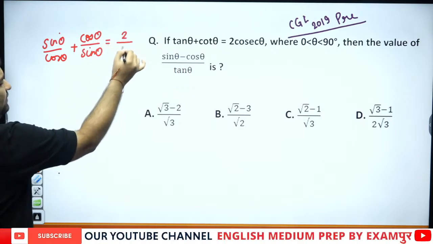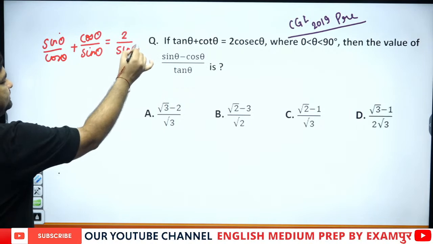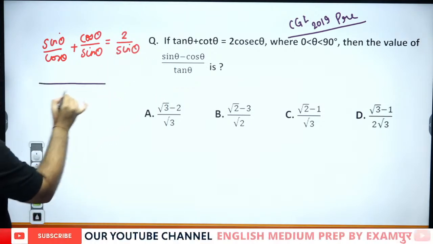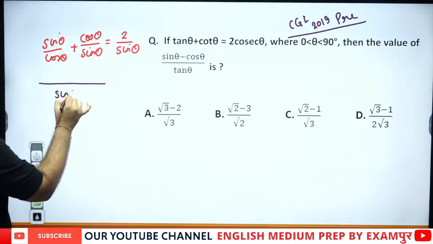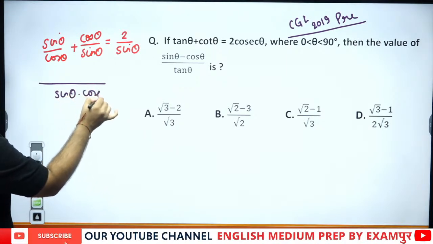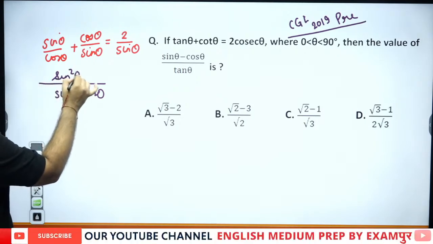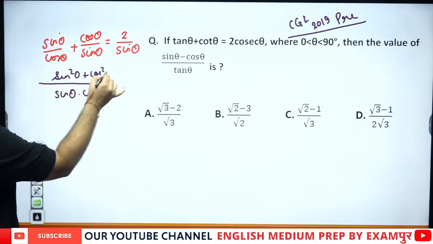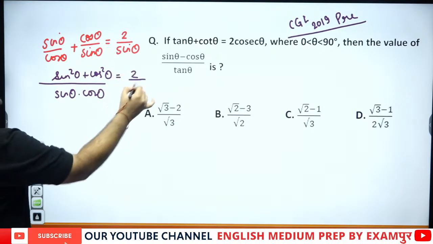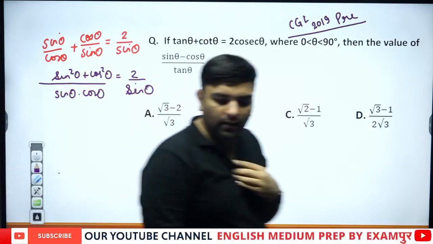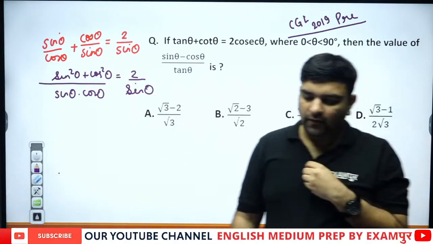I think it can work. Sine theta into cos theta. Oh, it will work. Sine square theta plus cos square theta. Then there is one more question in which the equation does not work. Here it is working. Wow, Ankit.